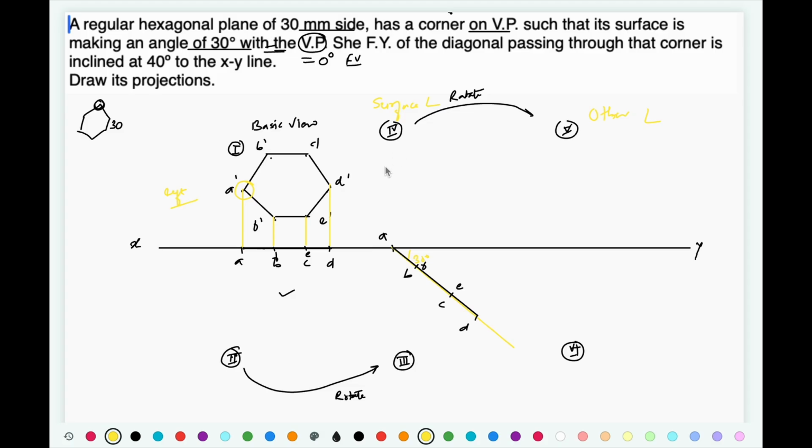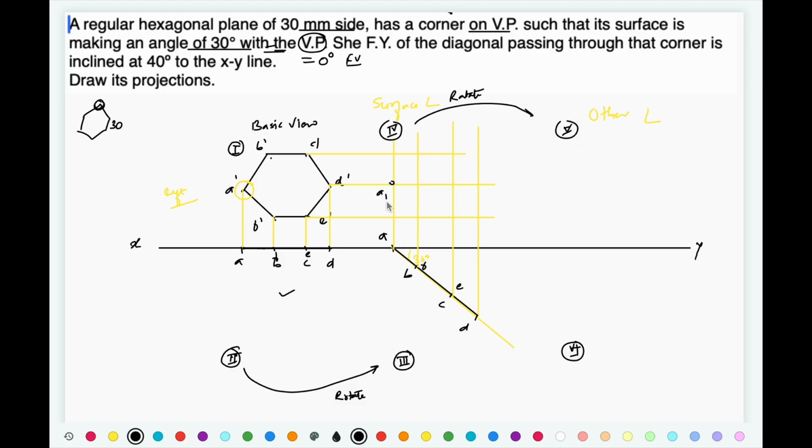Once you look at that view, project all the points vertically upward, project all the points horizontally, and mark the intersection points.